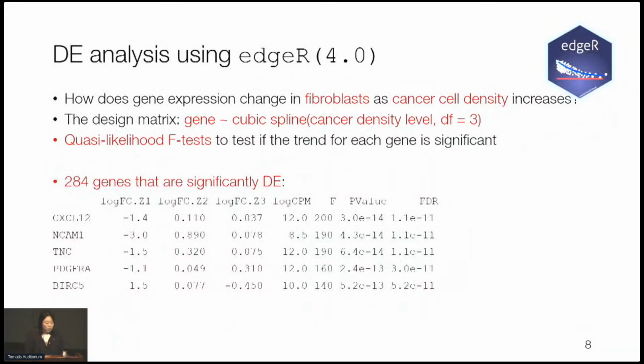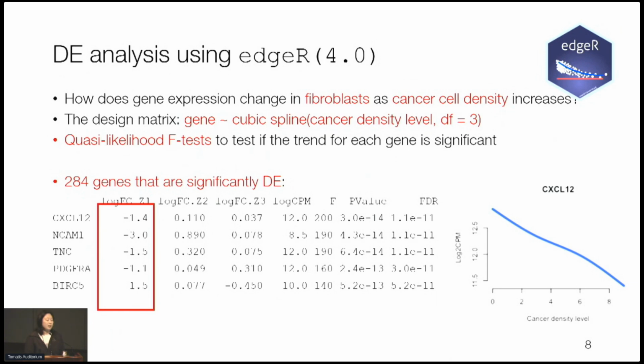So for this example, we have identified 284 genes that are significantly differentially expressed in fibroblasts as the cancer cell density level increases. And in particular, I want to point out that the first coefficient represents the linear relationship between gene expression and the cancer density level.